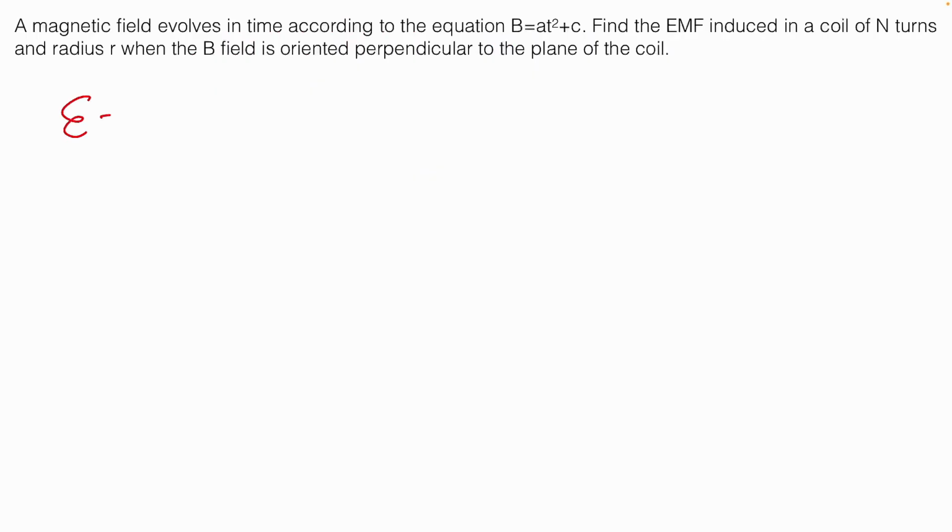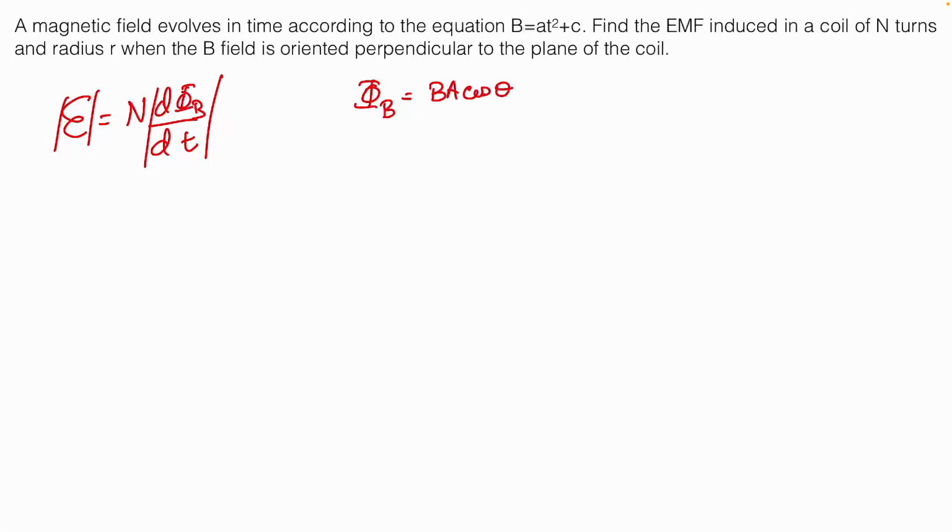We know that the EMF is going to be equal to the change in magnetic flux in time. I tend to do the version with the absolute value symbols around it so that I don't have extra minus signs floating around distracting me. I have to figure out what my changing magnetic flux is. My magnetic flux is B times A times cosine theta.